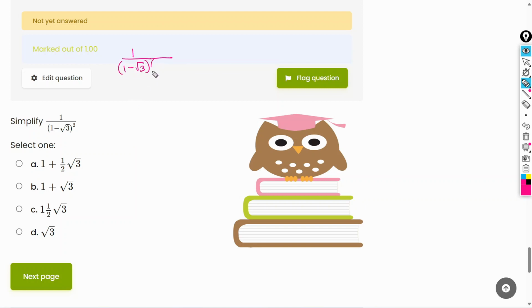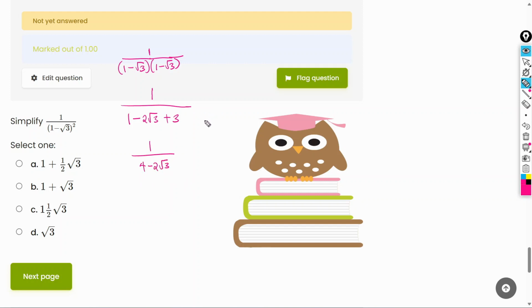Alright, so let me square that 1 minus root 3. Okay, so if I expand that, I would have 1 over 1 minus 2 root 3 plus 3. Alright, that would be 1 over 4 minus 2 root 3.